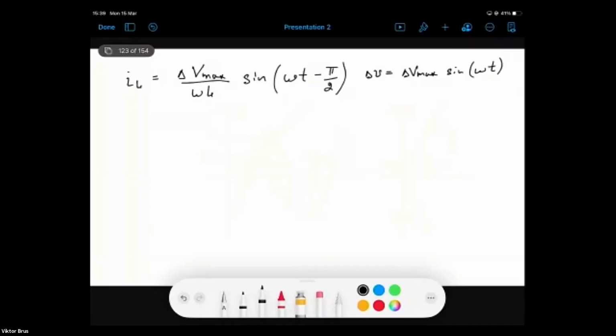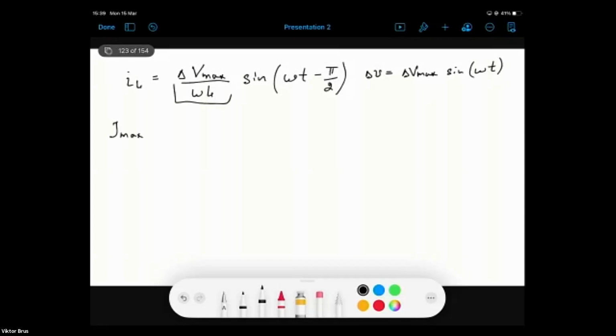So now let us come back again to our screen where we can write. And we need to consider the maximum current, I maximum.